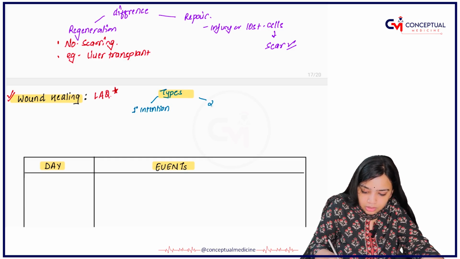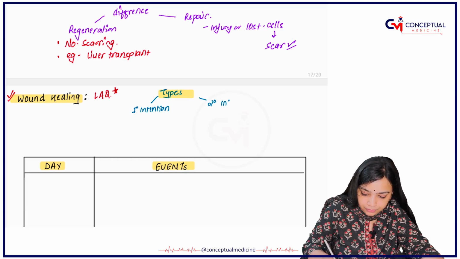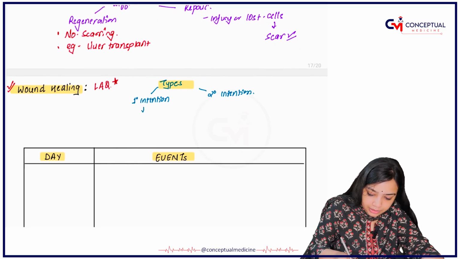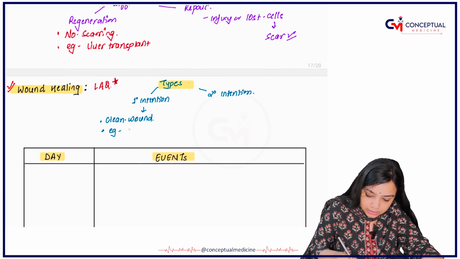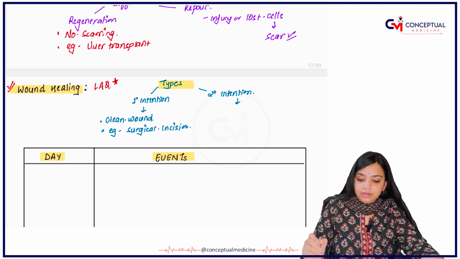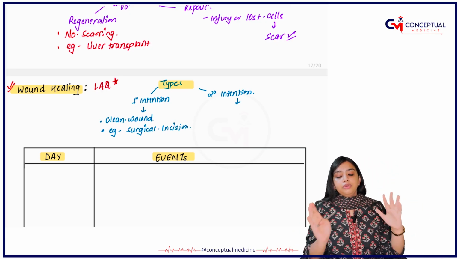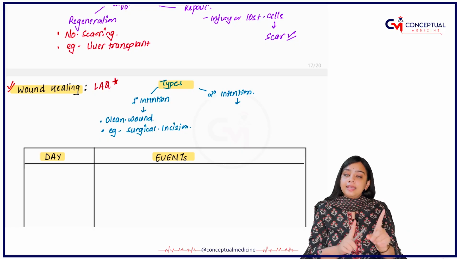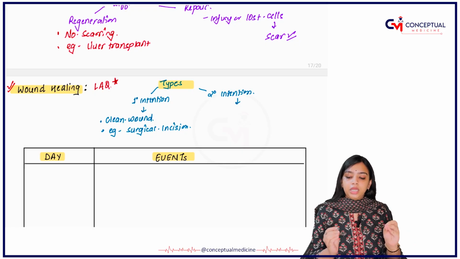Second one will be the secondary intention. What happens in the primary intention? Primary intention means there is a clean wound. Example is your surgical incision. Second one is your secondary intention. Now, primary was clean, so secondary has to be a dirty one.